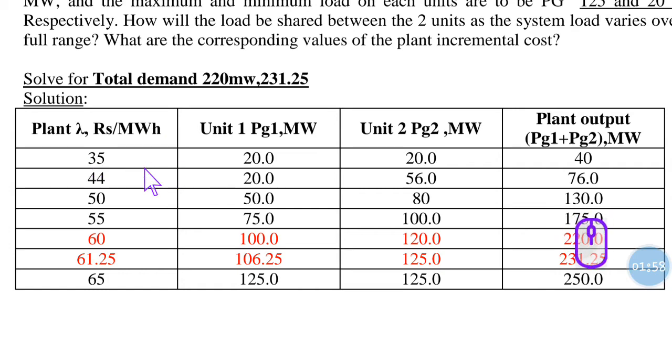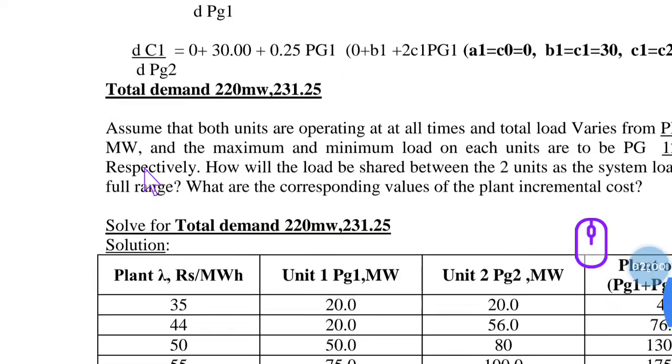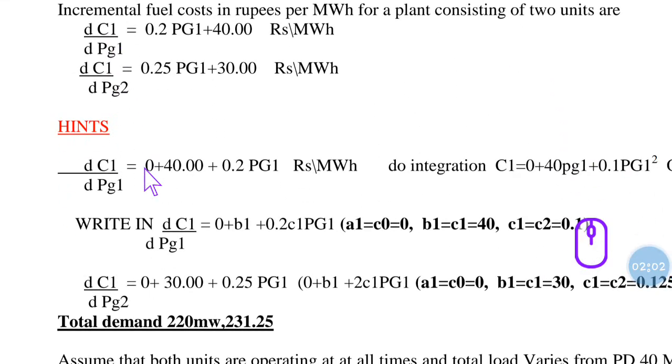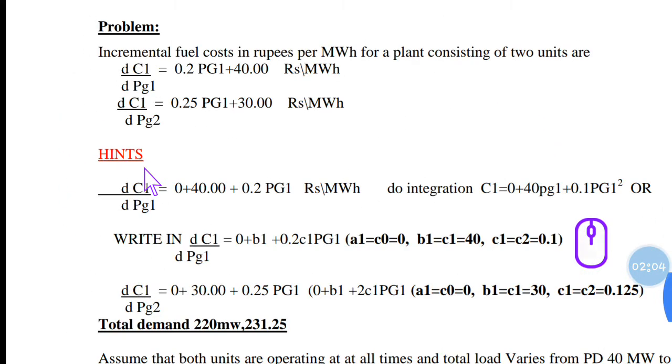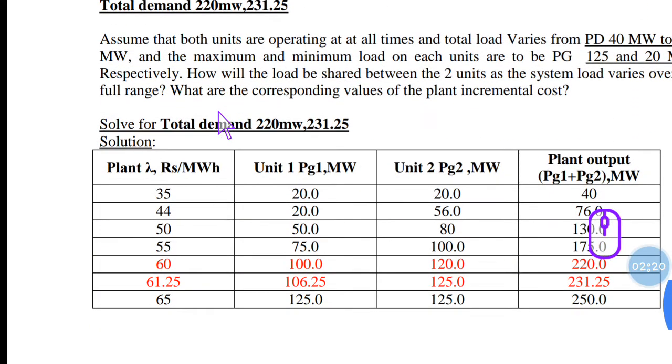To calculate, substitute the minimum 20 and maximum 125 values for Pg1 and Pg2 in both cases. You get 4 lambda values, 2 for minimum and 2 for maximum, and the minimum of the 4 is the initial lambda. I also sent videos on this.